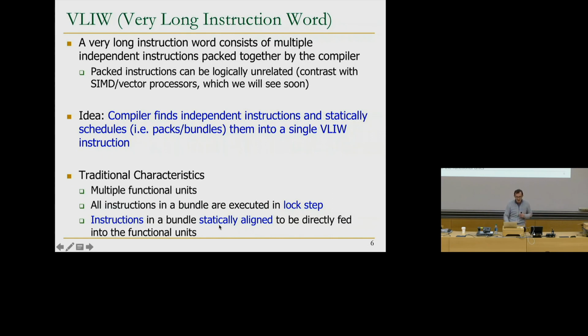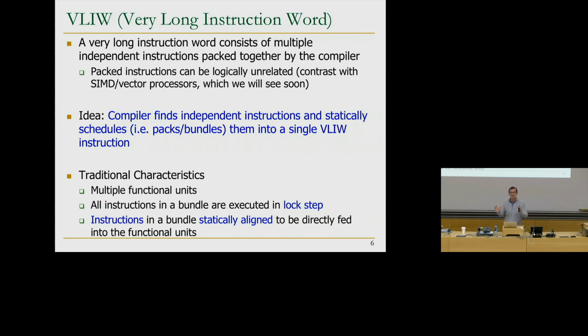As I said, instructions in a bundle are statically aligned so that you can directly feed them to the functional unit. So if you think about this, the compiler needs to have intimate knowledge of what the machine looks like. What is the pipeline? Where are the execution units? How many execution units do I have? What are the types of the execution units? What are the kinds of dependencies in which I should insert no-ops, or find independent instructions, so that the machine doesn't need to do any dependence checking?